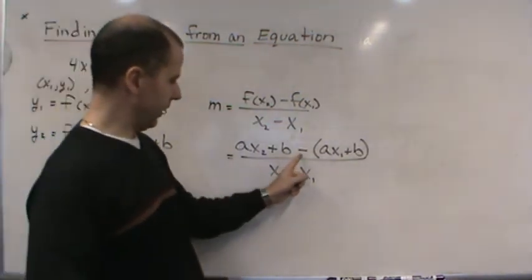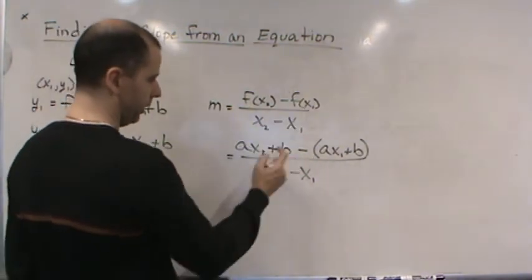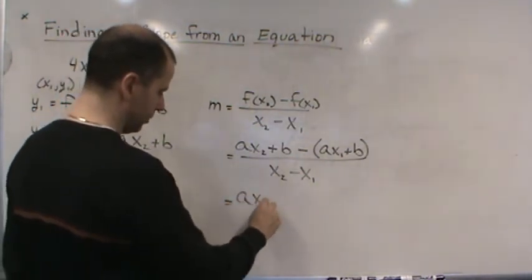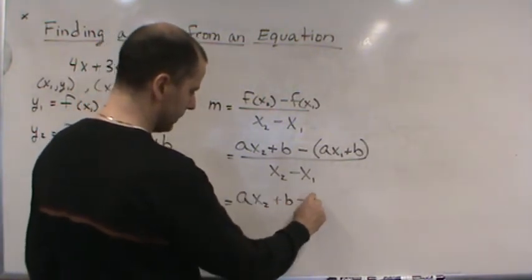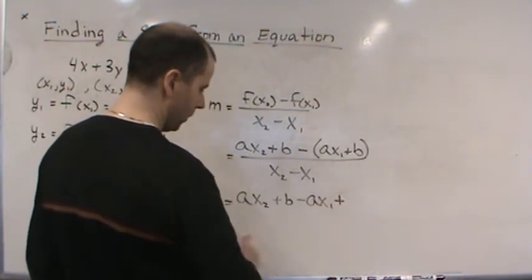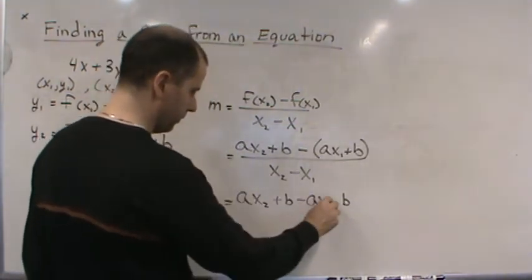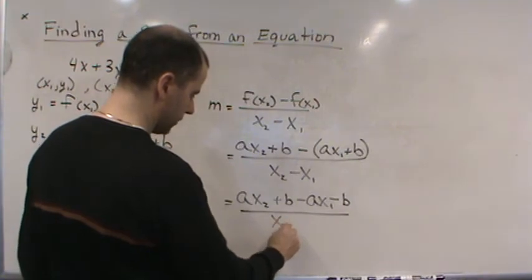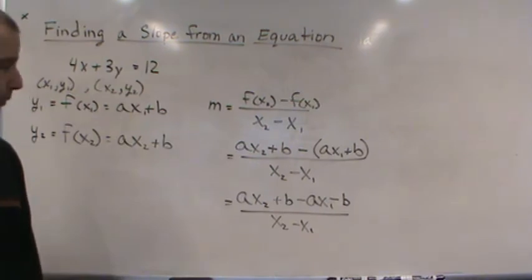Now, again, I'm going to distribute the minus, right, because I'm subtracting this whole thing. So now this is going to become ax2 plus b minus ax1 minus b over x2 minus x1. Now here's where the magic happens.